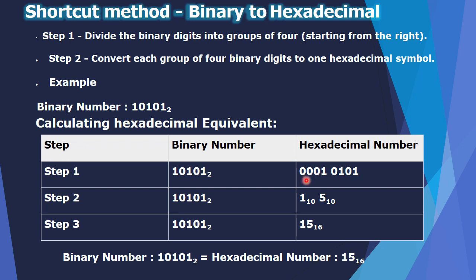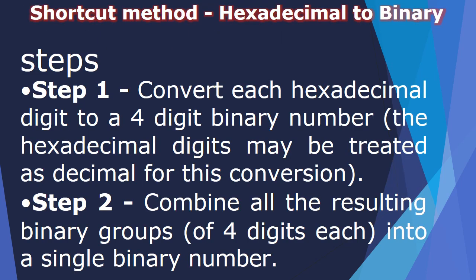So now this is 0001. Now we can keep this one as 1 to the base 10, and this 0101 means 5 to the base 10, and now this is total 15 to the base 16. So this is how you can convert binary number system to hexadecimal number system.